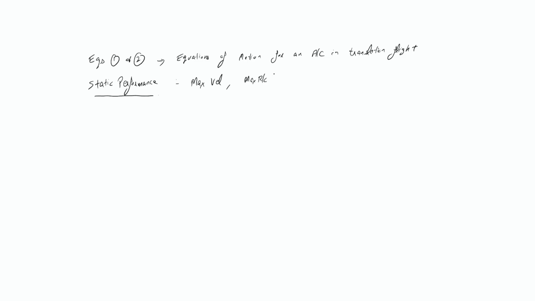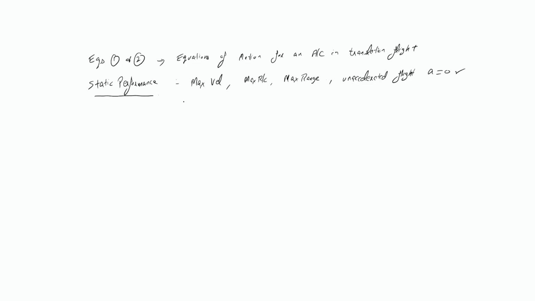We will also have a look at it. What is the maximum range, the maximum horizontal distance the aircraft can travel? Things like that. And static means it is an unaccelerated flight. That means we will consider acceleration as 0.